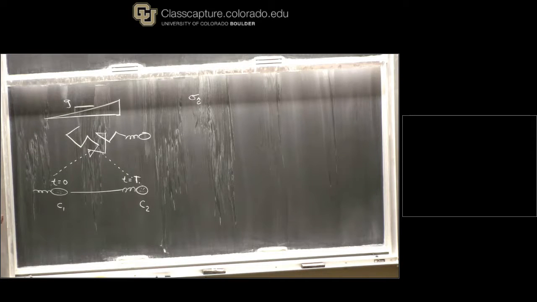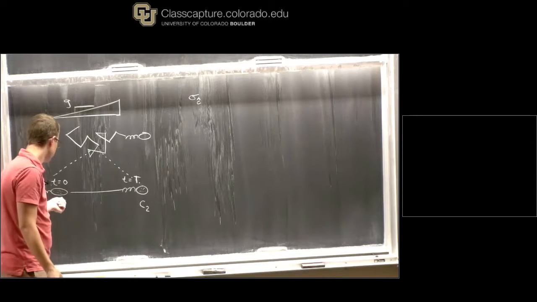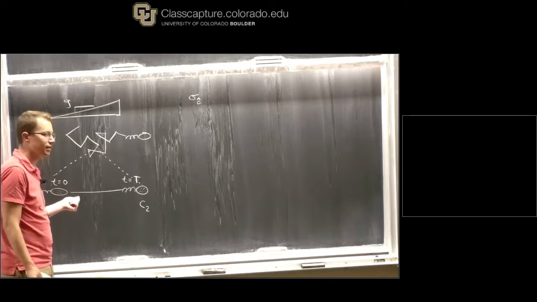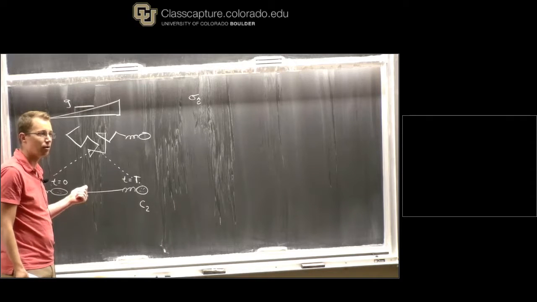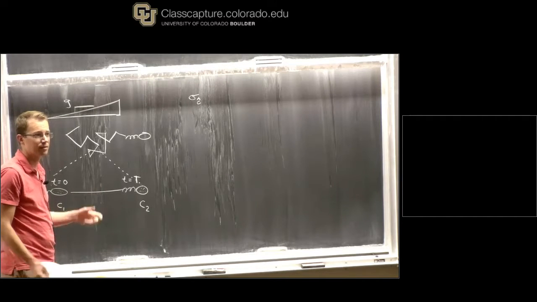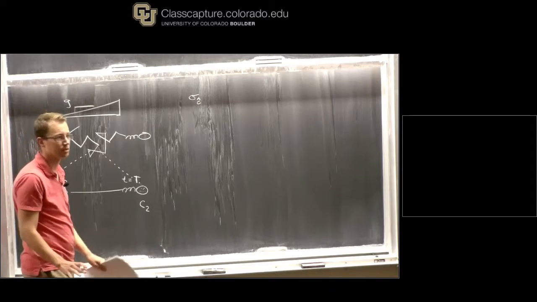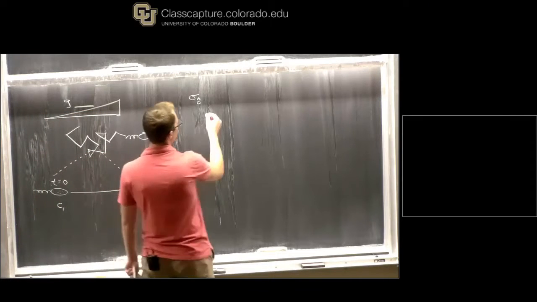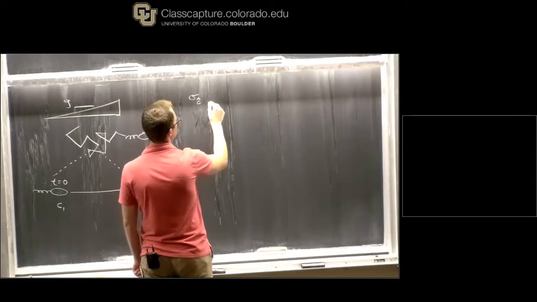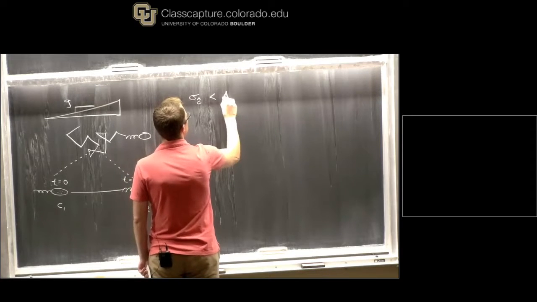And I think that's very reasonable because it says that, if I need to know the difference between the number 10 and the number 9, I hope that the precision with which I measure either the 10 or the 9 is less than plus or minus 1. Otherwise, it's not going to work. So that is to say, sigma c should be less than delta c.